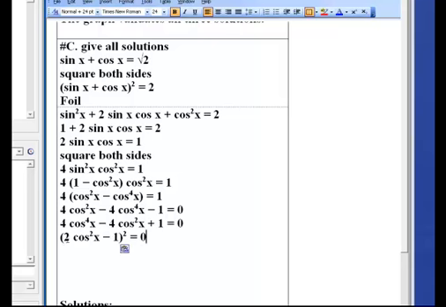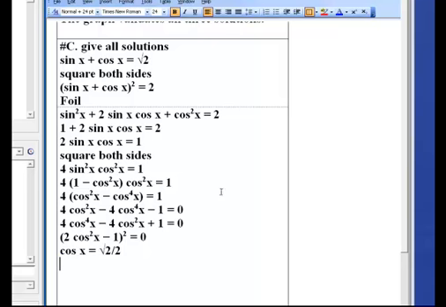And when you FOIL this backwards, you can see that you come up with 4 cosine to the 4th power, and then a negative 4 cosine squared in the middle, and a plus 1 in the back. Okay, that means the solutions are going to come out to cosine x equals 1 over 2. Take the square root of that, which means that's square root of 2 over 2.